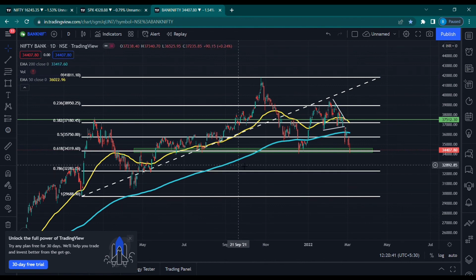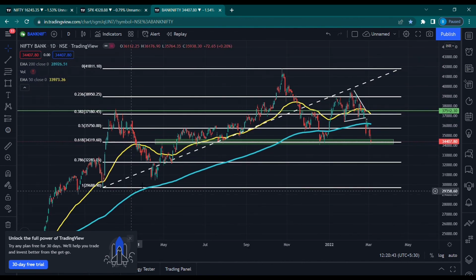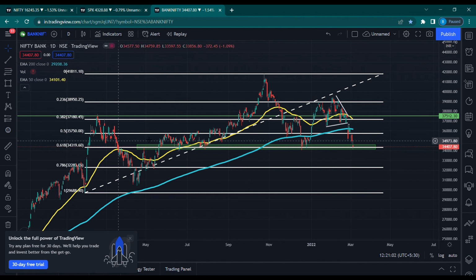So I have also plotted the fib retracement levels here from around 30k to 41,000. That was the all-time high made by Bank Nifty. What we can see here, again, is prices trading between the fib 0.5 and the fib 0.618 levels. So again a major area of interest, from around 35,700 to 34,400.